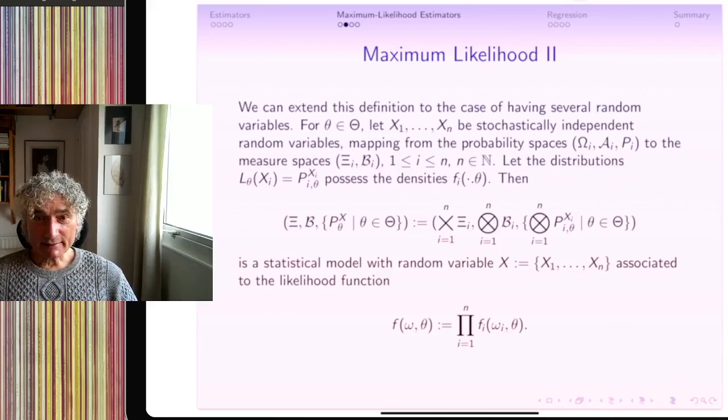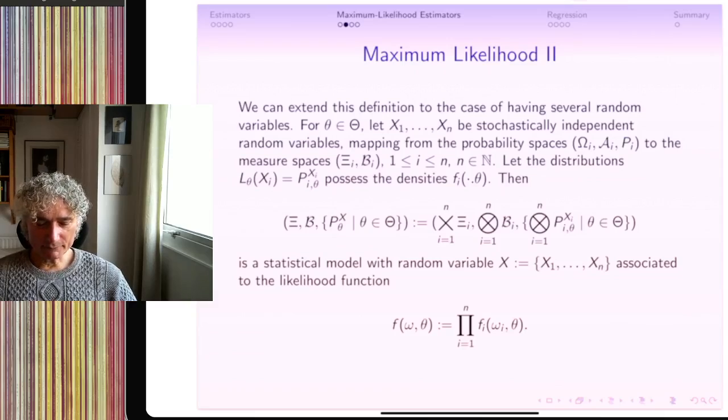Then we combine all this together into a big statistical model, which is now given by xi, B, and these families of induced probability distributions P theta x, such that theta is in the parameter space. The parameter space, by the way, you have to see in this generalization as still being the same parameter space, given by capital Theta.